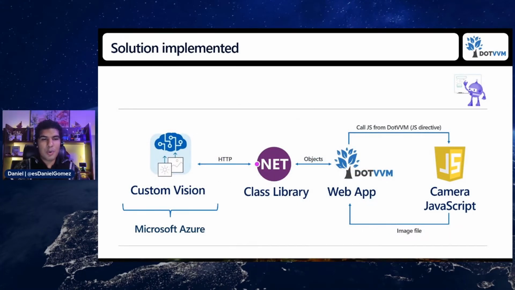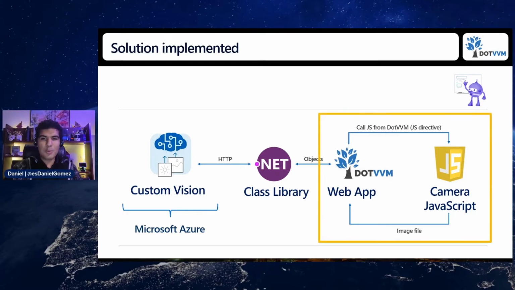As a first point, we have a custom vision resource in Microsoft Azure that helps you to recognize those objects, with a machine learning model to do that process. So in our part, we can consider a .NET solution as a first point, a class library to call those custom vision functionalities and then use them in our web application.